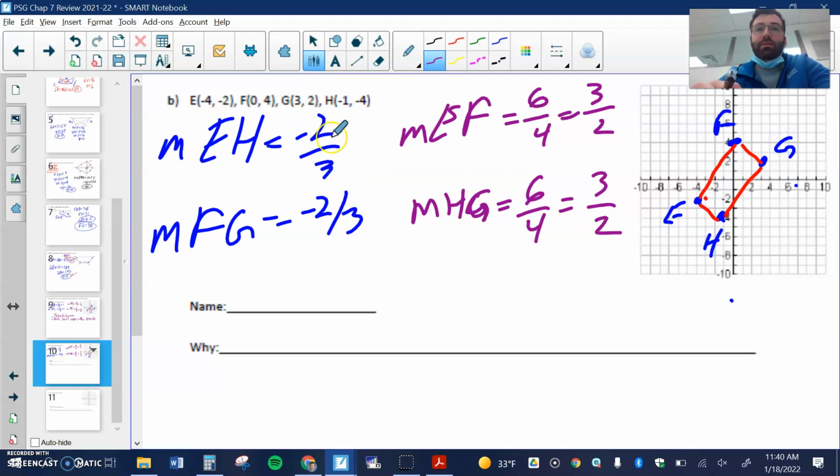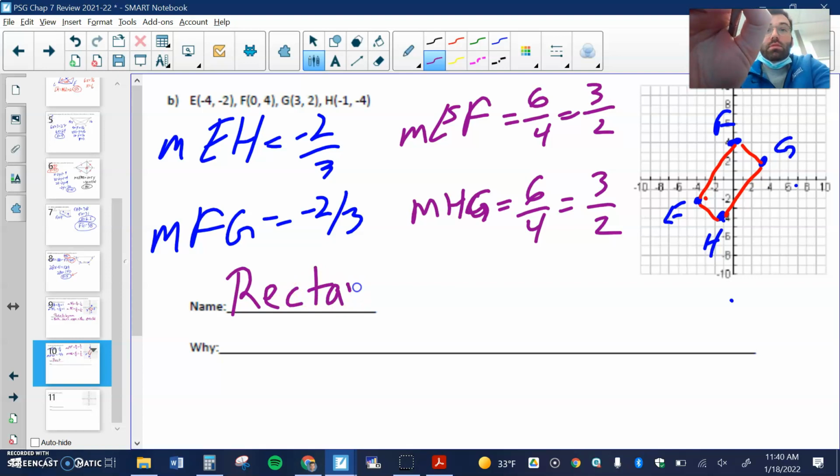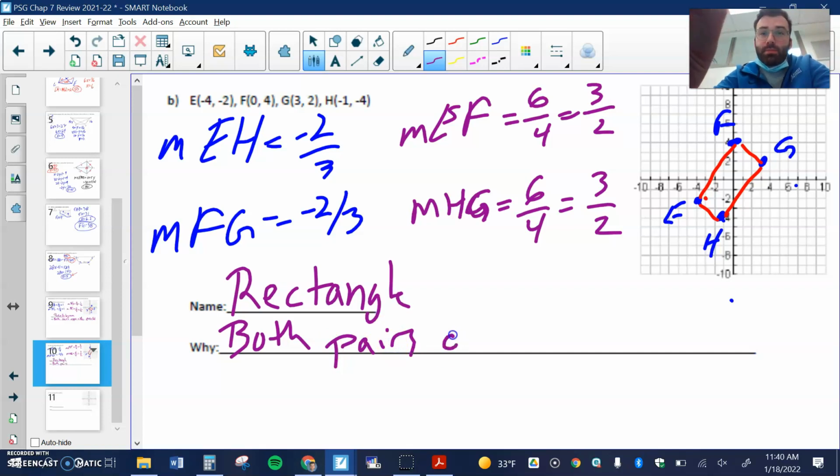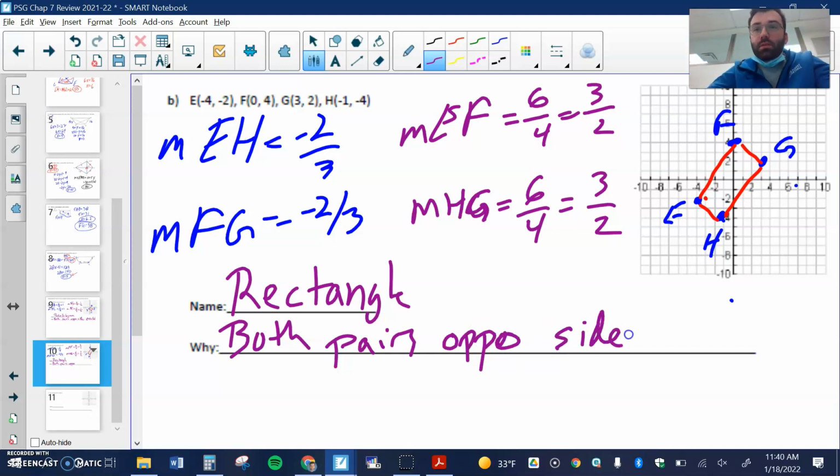But if you look at the slopes, compare -2/3 to positive 3/2. Those are opposite reciprocals of each other. So that means this must be a rectangle. And why? Because both pairs opposite sides are parallel.